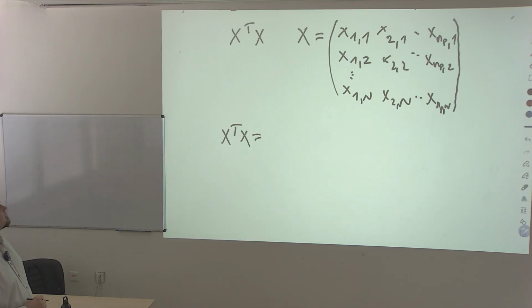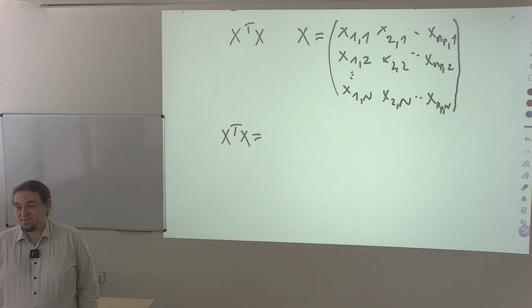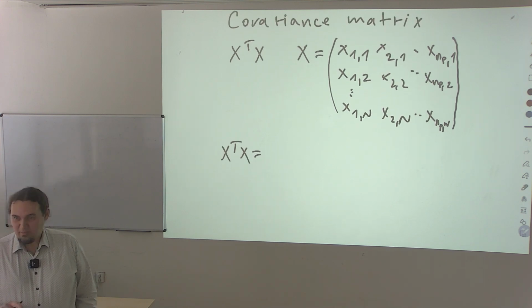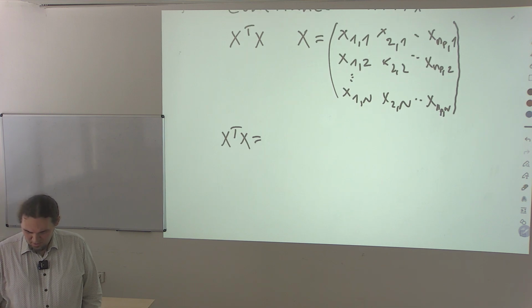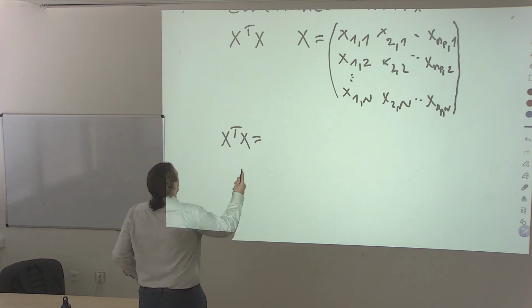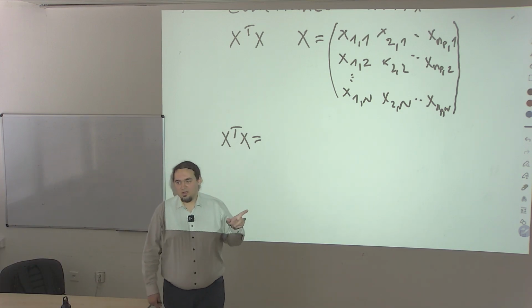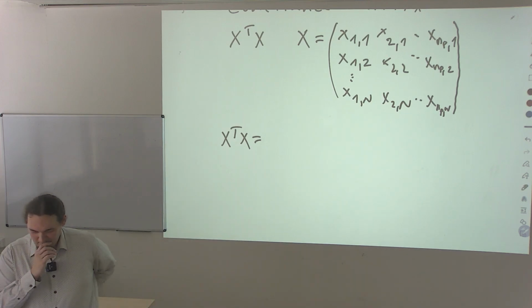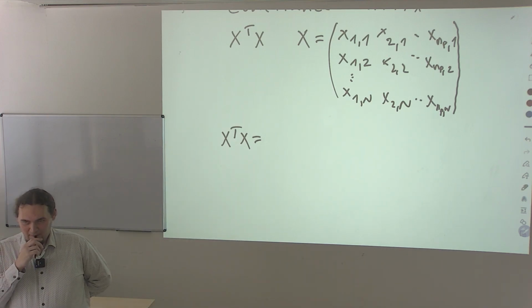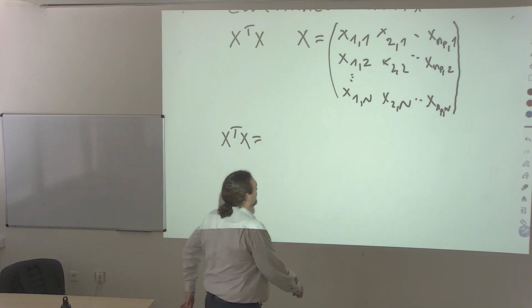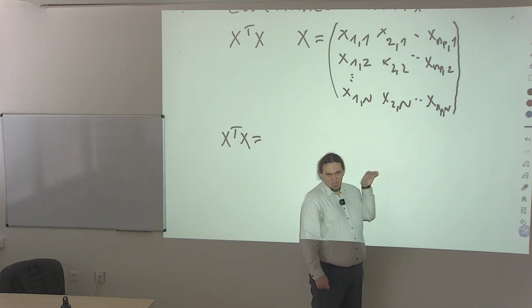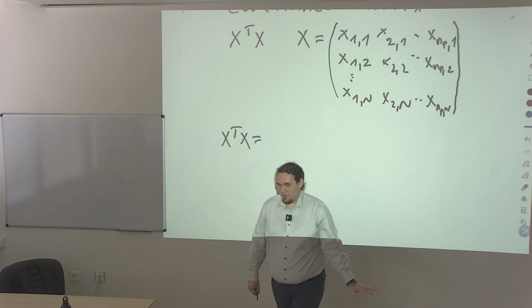So let's try and practice some matrix multiplications. Hope you are brave enough for that. How will X transpose look? Qualitatively, we have columns for the different variables in the matrix X and rows for different experiments.